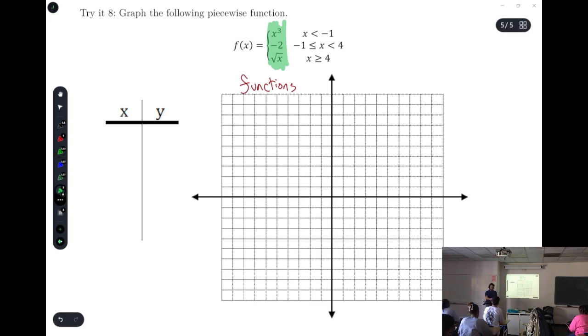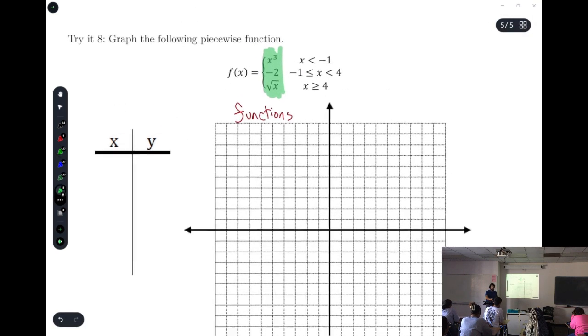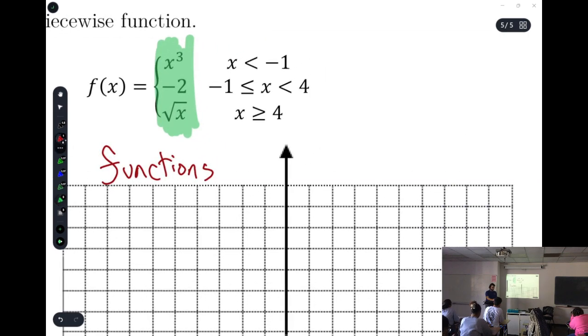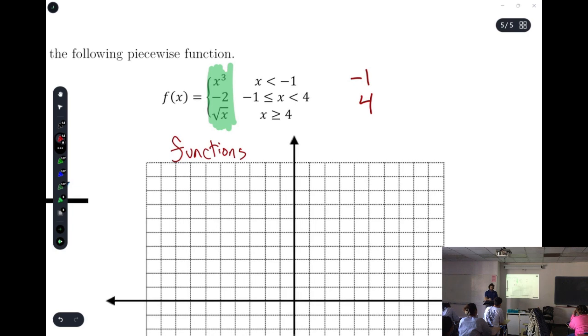So there's probably 2, because there's 3 functions, which means there's 2 boundaries. What are the 2 special looking numbers? It looks like -1 and 4 have something special going on, yeah? They do. They're the boundaries.